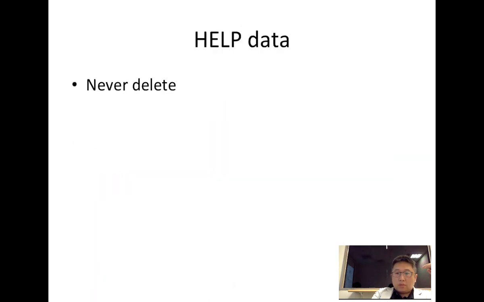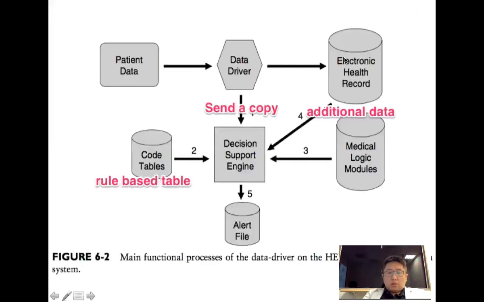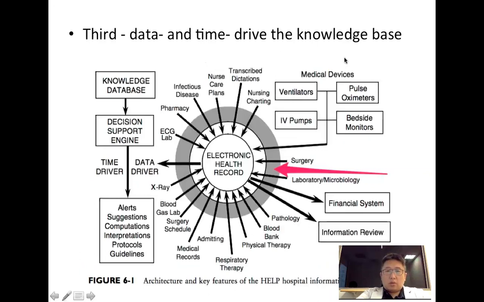Then in the HELP data, from the beginning of their design, they never delete any data because they store everything. I think right now that is not a problem, but at that time storage was very expensive, yet they were very ambitious. They wanted to store all the data. So that's the basic design of the system.